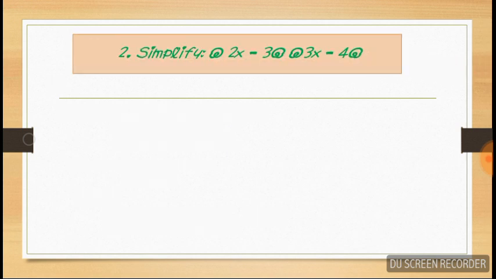Now let's proceed to example number 2. Simplify (2x - 3) times the quantity (3x - 4).